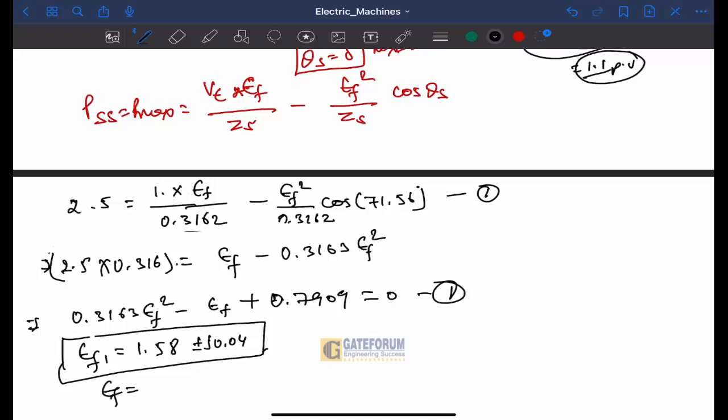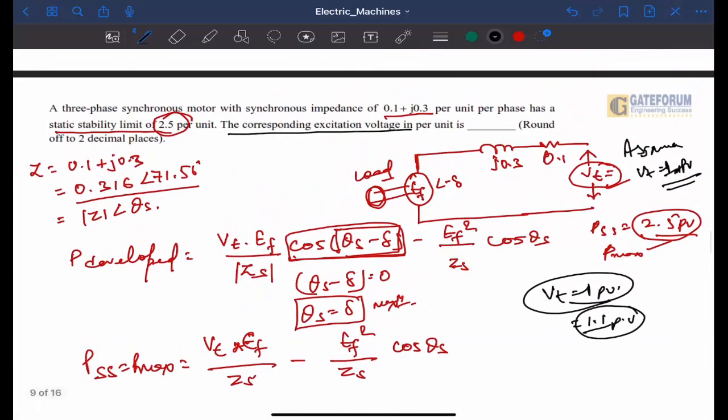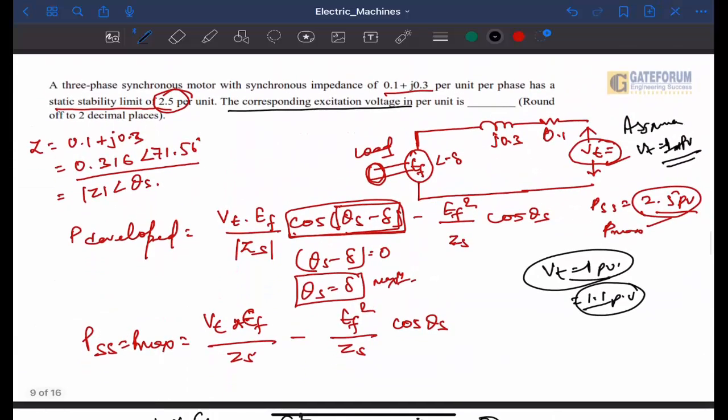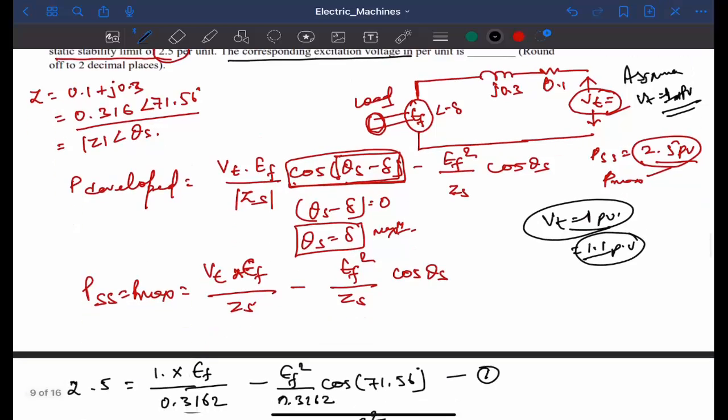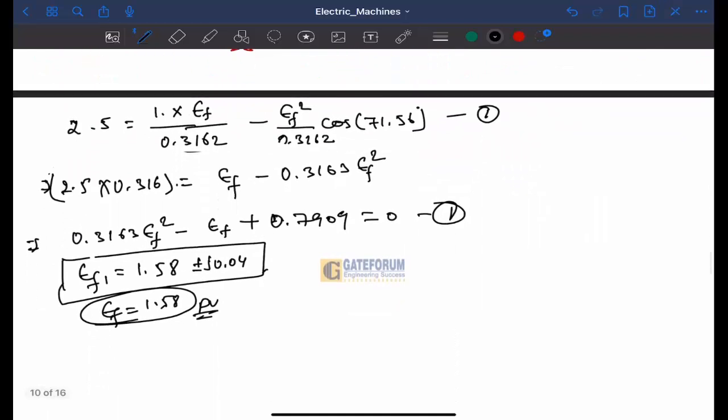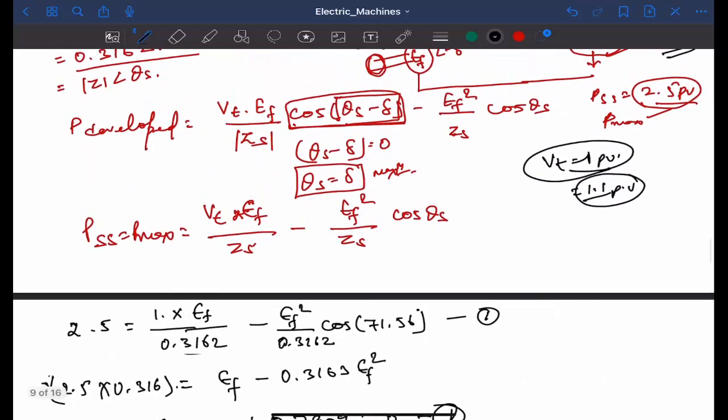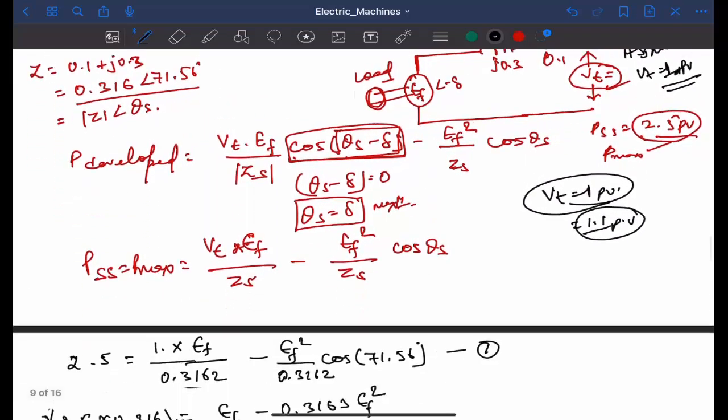So EF will be what? 1.58 pu, if we assume that terminal voltage is 1 pu. So for terminal voltage 1 pu, our excitation voltage will be 1.58 per unit.